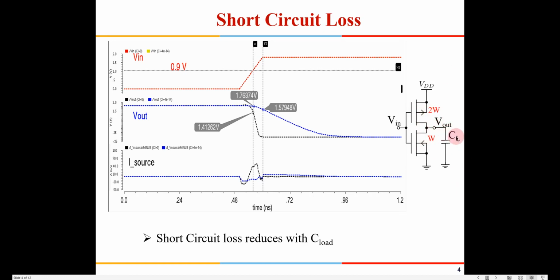I am representing the gate capacitance of the next few stages as CL. Now if I have a large CL, what happens?